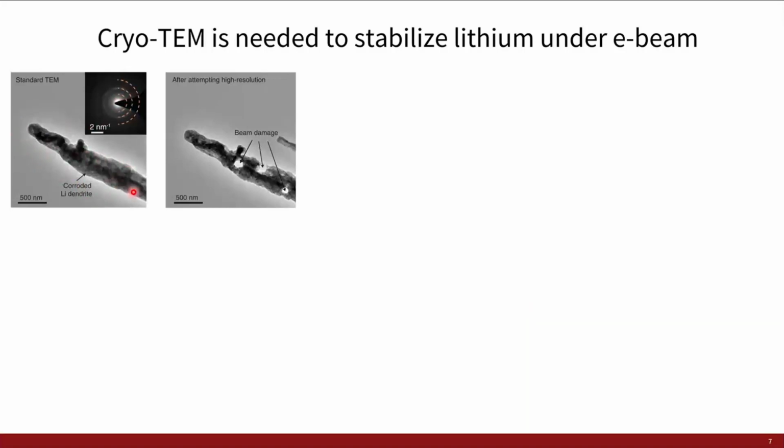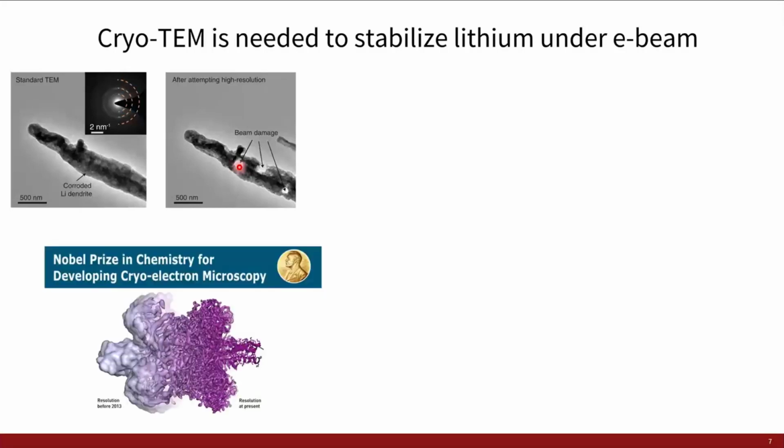And that results in this very rough structure here from what was once a single crystal lithium filament. If you then attempt to perform high resolution imaging on this kind of lithium structure, you'll start to drill holes within the actual lithium material, coming from the beam damage from the very high kinetic energy of the electron beam. So this has been a major impediment to the high resolution study of lithium battery materials.